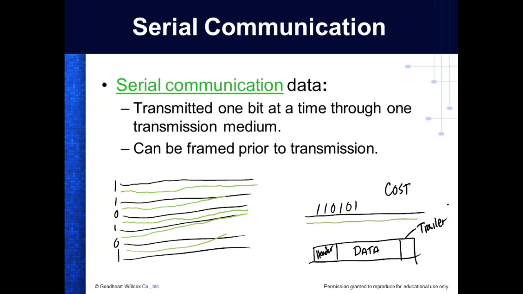In networking, you might hear them called packets. Those two terms are the same thing. We'll send out a frame. The header usually contains all your address information, and your trailer usually contains your error checking.